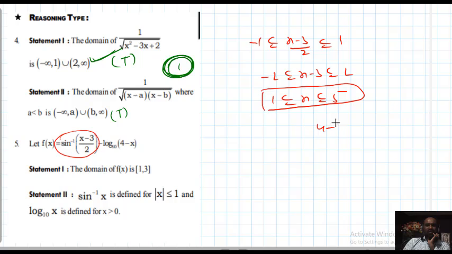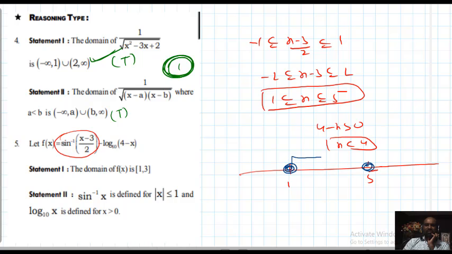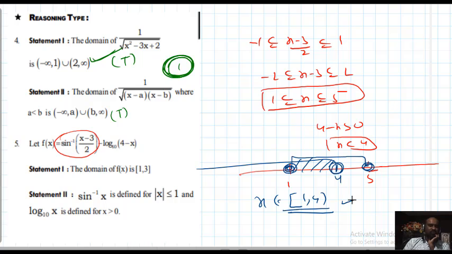Next, 4 minus x should be greater than 0, so x should be less than 4. Now find the intersection. The first says x is from 1 to 5 including 1 and 5. The second says x should be just less than 4, not including 4. The intersection is x belongs to closed 1 to open 4. This is the domain of the total function.